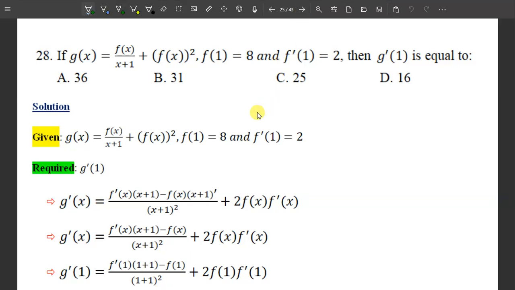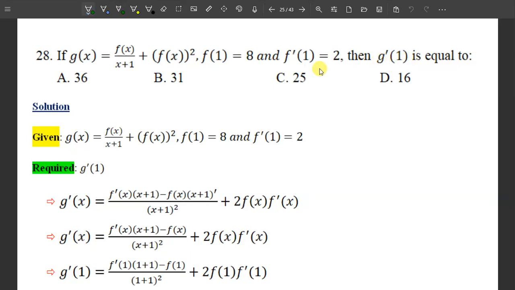Question number 28. It says, if g of x is equal to f of x over x plus 1 plus f of x the whole square, f of 1 is equal to 8, it is given, and f prime of 1 is also equal to 2, then the question says, what is g prime of 1?